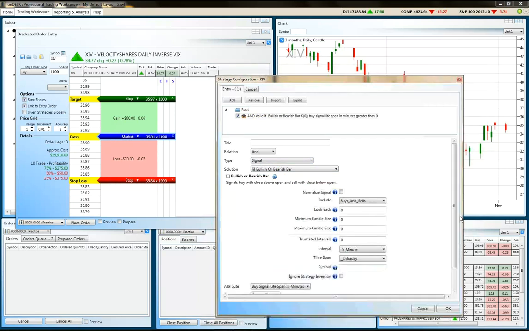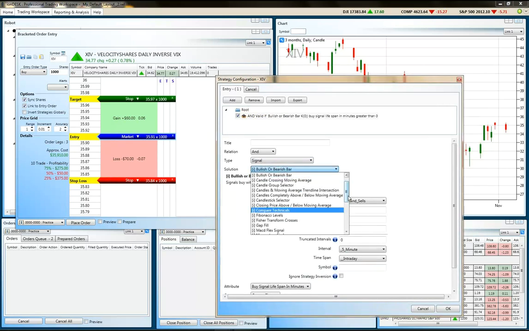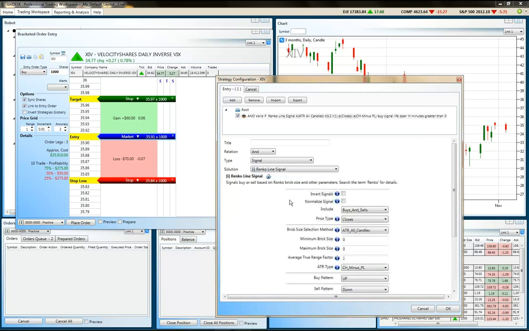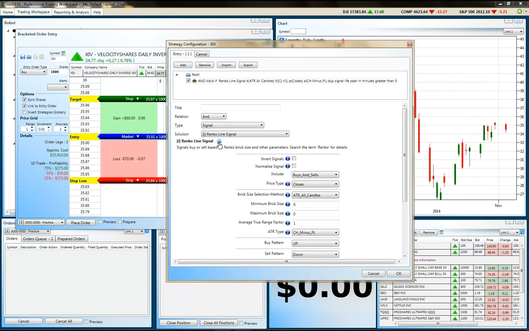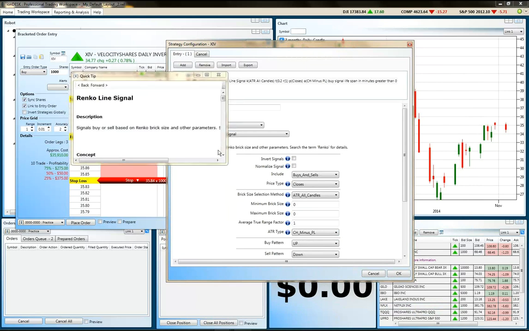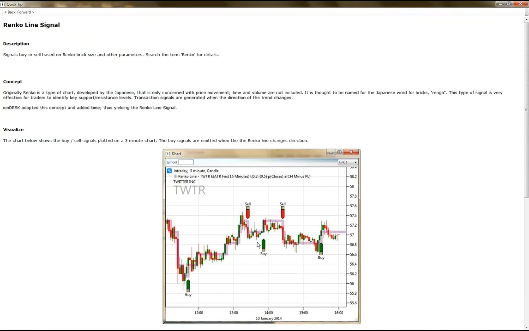Or I can get very complex and say, well, I want this signal to emit once the Renko, something more advanced like the Renko signal. I'm not sure if you're familiar with that. No, I'm not. The Renko signal is a Japanese signal that essentially looks at price movement, or really momentum.